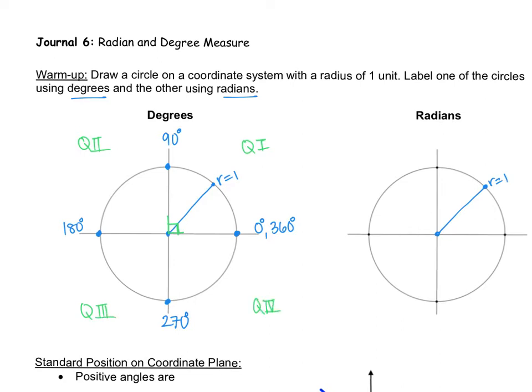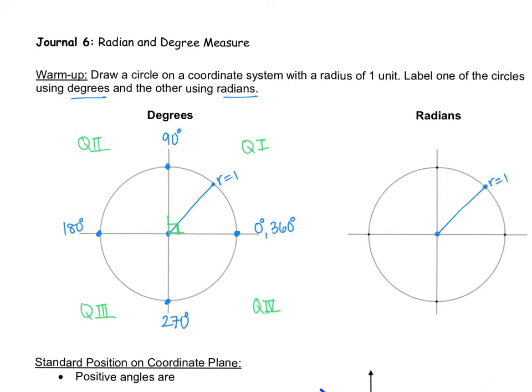So I want you to start thinking of these as boxes or quadrants, and every time you move to a different quadrant, that's 90 degrees to each quadrant. So when you look at the whole circle here, it's 360 degrees. But you start at 0, then 90, 180, 270, and then 360. You are going by multiples of 90.